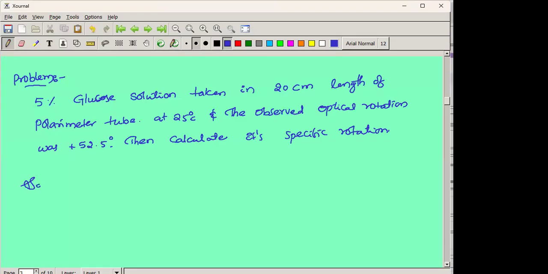So what is the solution for this one? The formula is specific rotation, using the deuterium lamp at temperature T, equal to alpha observed into 100 divided by concentration into length.